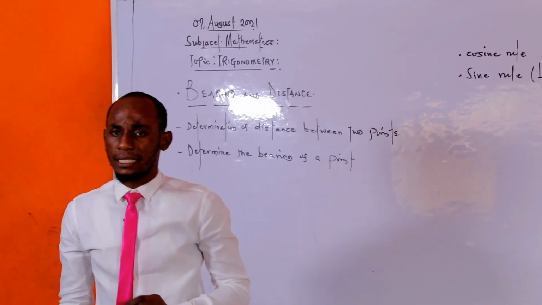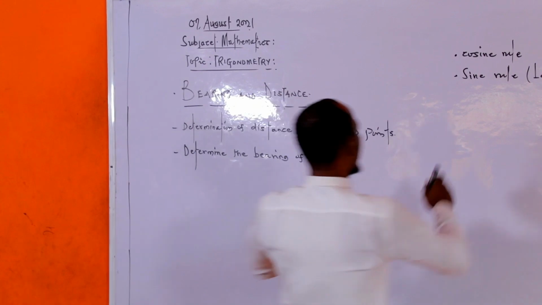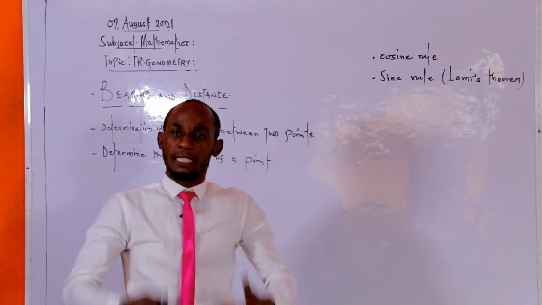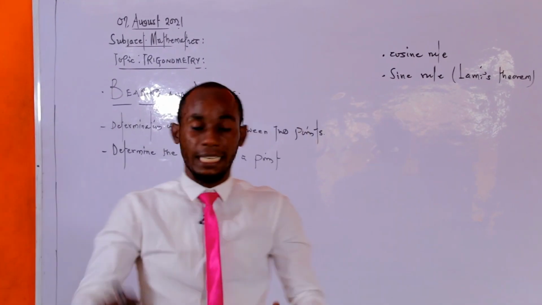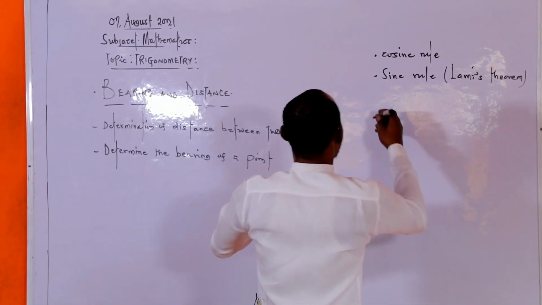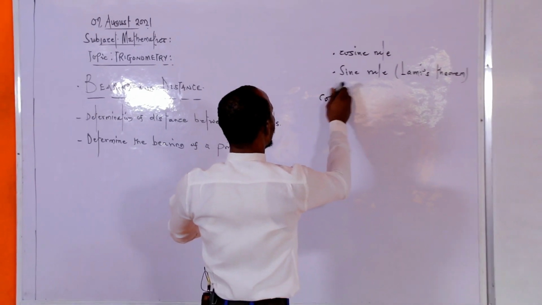And I said that, okay, look at this. Before I remind you of what I did in the last class, do you know that the cosine rule is given as this?